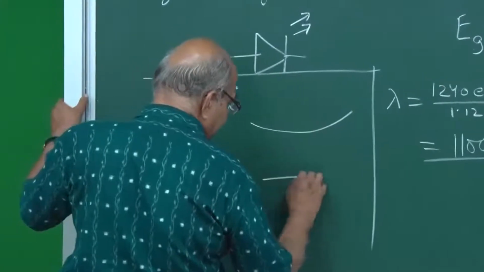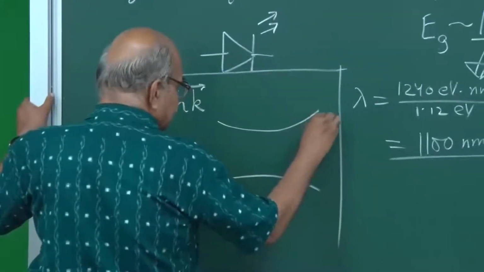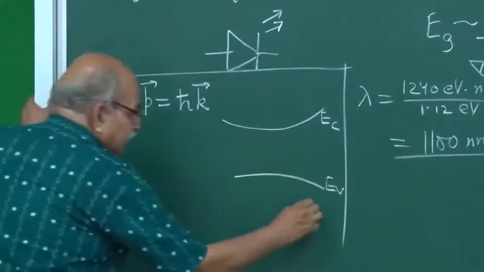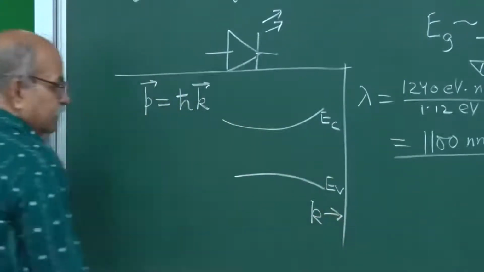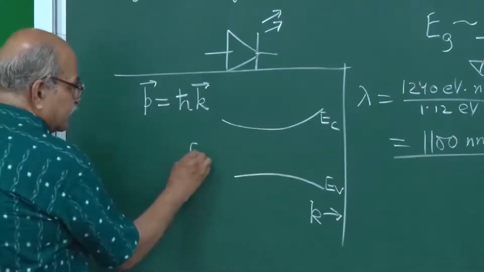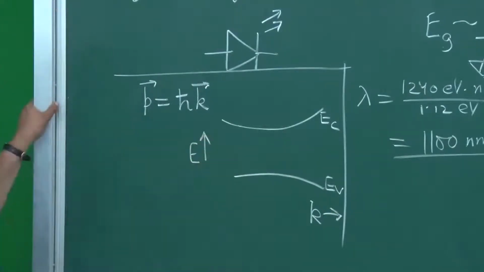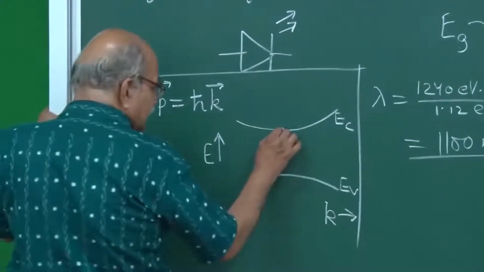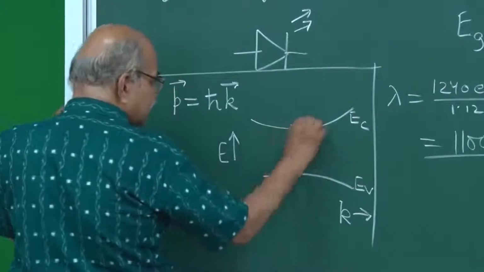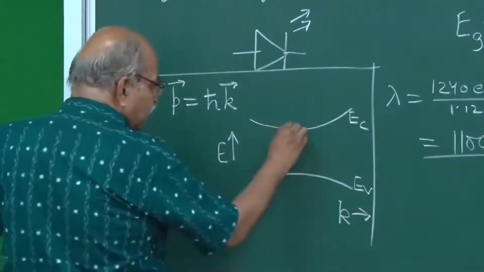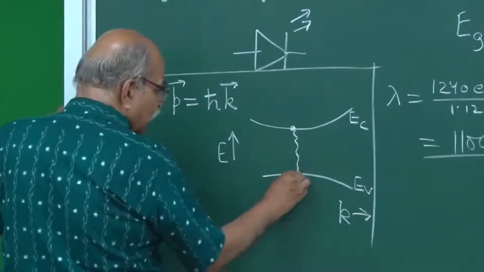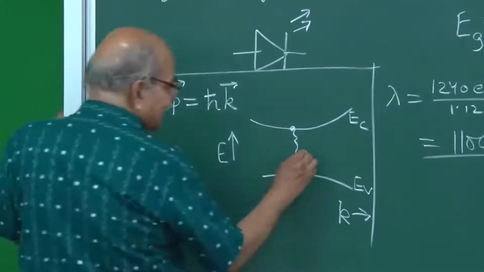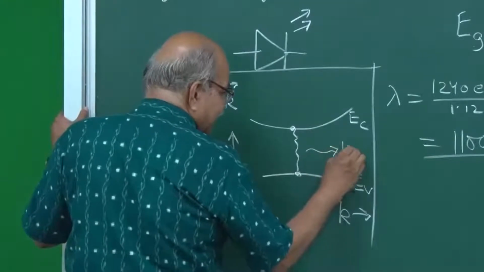It could be something like this. This is EC and this is EV, and now the horizontal also means something. K is increasing in this direction and energy is increasing in this direction. Now, if the electron is here at the bottom of this conduction band and it falls to this top of the valence band, a photon can be emitted.